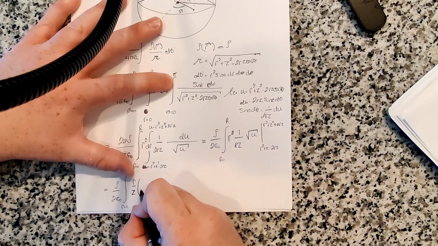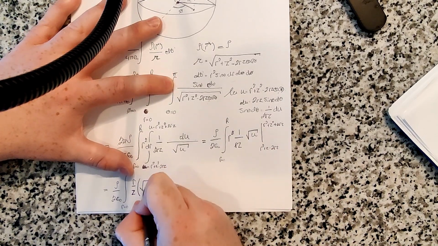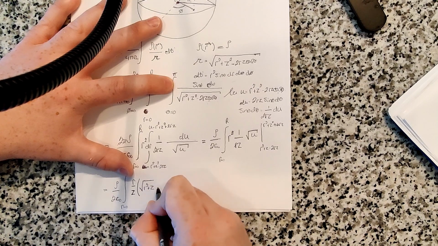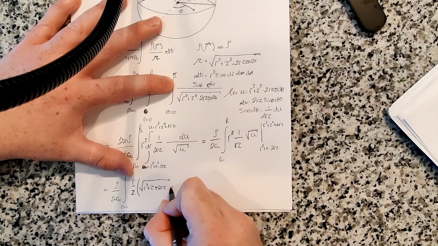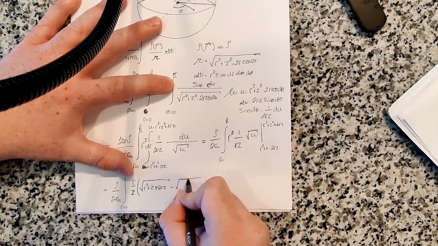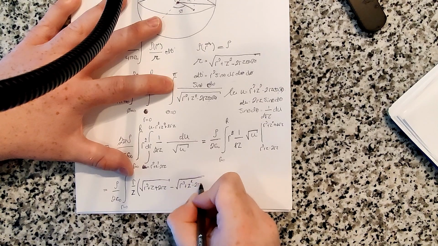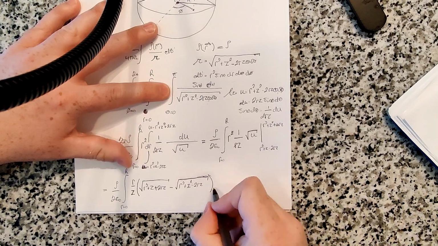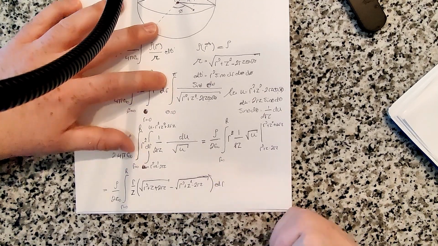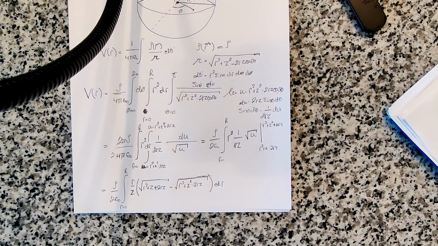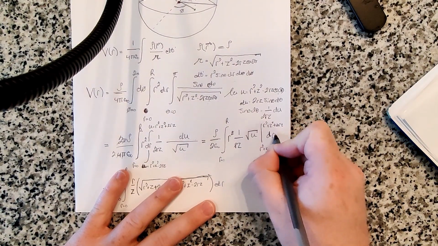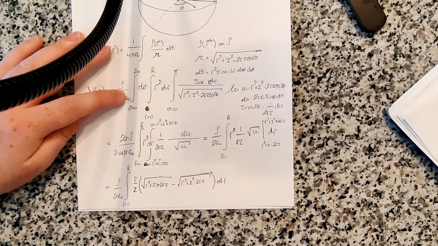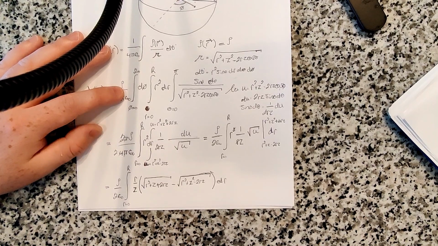And then this is going to be the square root of r squared plus z squared plus 2rz minus the square root of r squared plus z squared minus 2rz, and then dr, I believe. I guess I forgot to write a dr up here technically. Yeah, that looks about right.